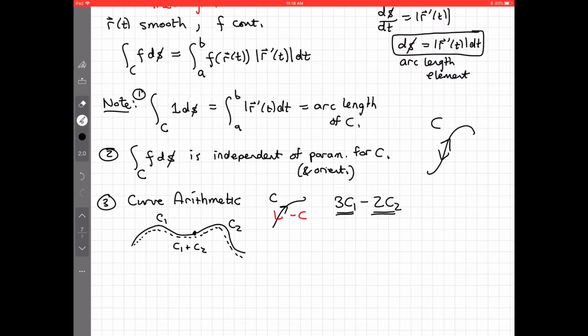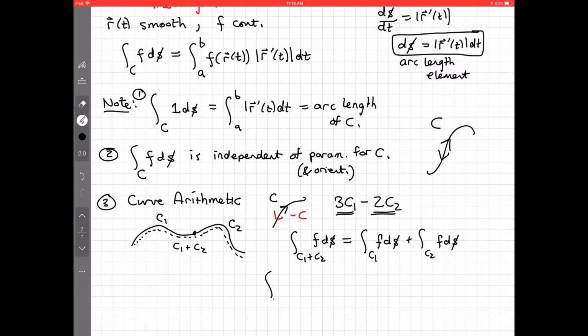Anyway, the reason I bring this up is if you are asked to compute a line integral along C1 plus C2, because of the way this is defined, this is the same thing as integrating along C1 and then integrating along the curve C2. So there's almost like a linearity of the argument there.